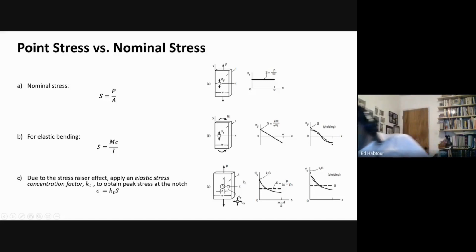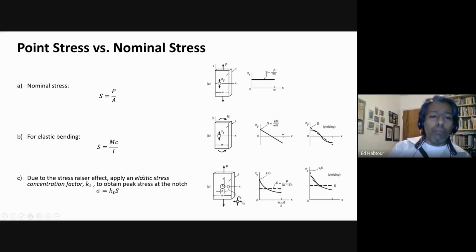If your part has a hole in it or some feature in it, again, your point stress here is going to differ from your average stress across the section area. I show the formula here to calculate the stress.